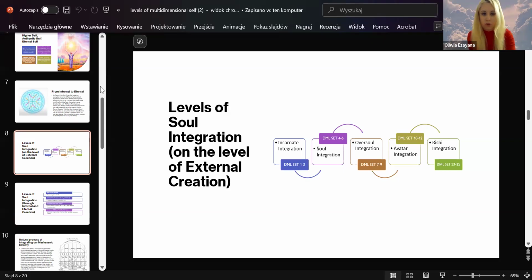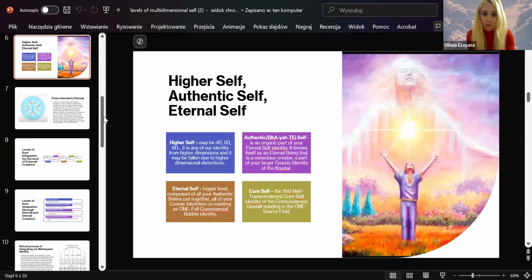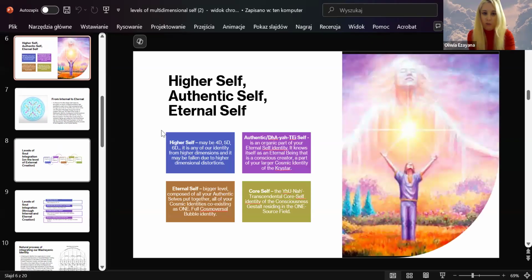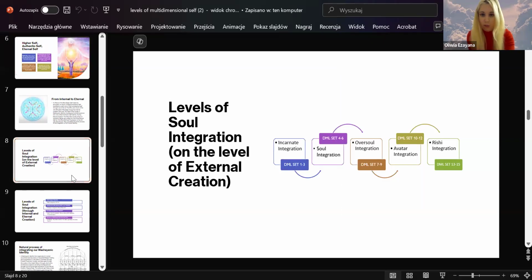One Mashayanic self composed of the 12 rishi, and then the rishi having 12 avatars, and then the avatar having 12 oversouls, etc., etc. Basically, there's always this process of the spherical self-expression into 12 aspects. So all of those aspects on the level of the external creation are referred to as the higher selves. Your soul might be your higher self, your avatar might be your higher self.